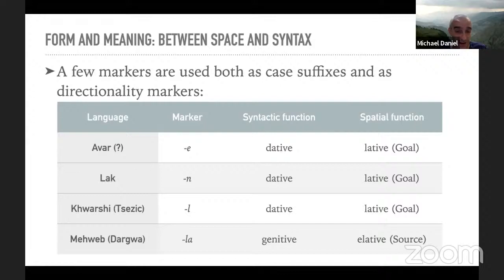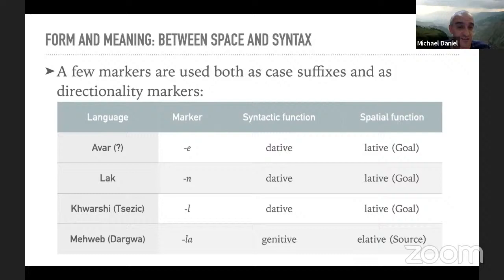In Mehueb Dargwa, the marker of the genitive and one of the markers of the elative are identical. In Zhirkov's description of Lak, he identifies the dative marker with the lative suffix in the spatial subparadigm. In Avar, it's less clear.